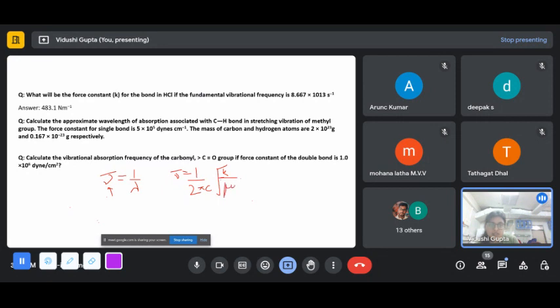So just substitute the values. 1 by 2 into 3.14. C will be the speed of light, equal to 3 into 10 raised to 10 centimeter per second.